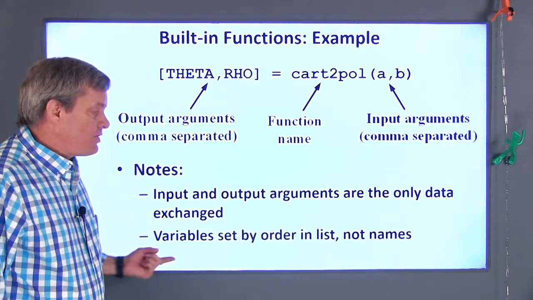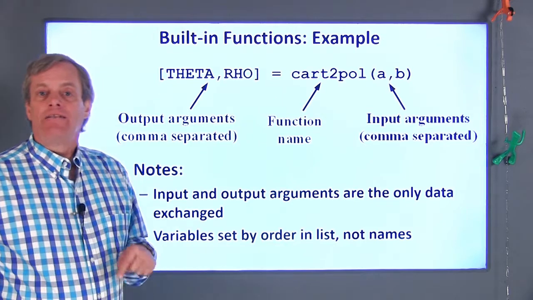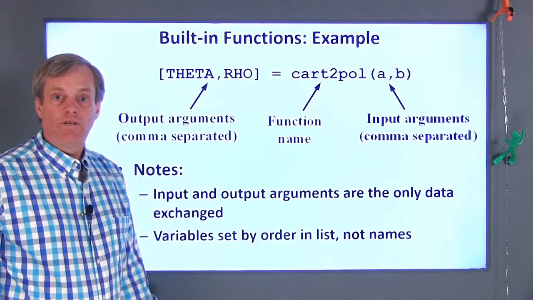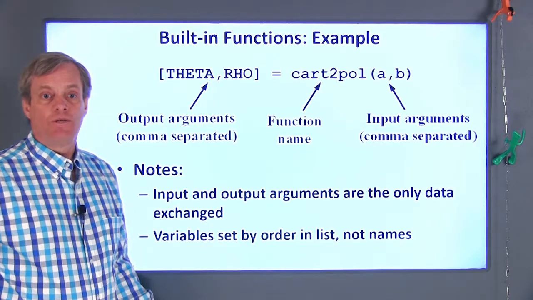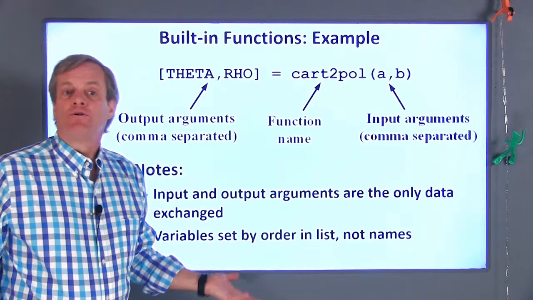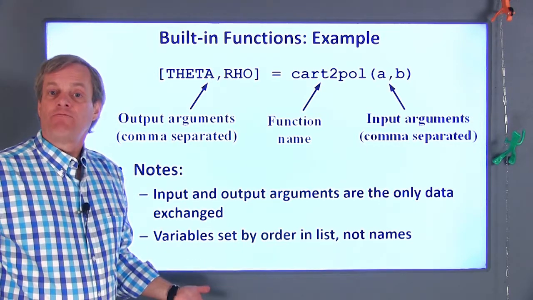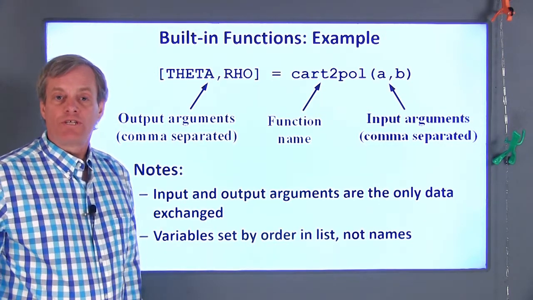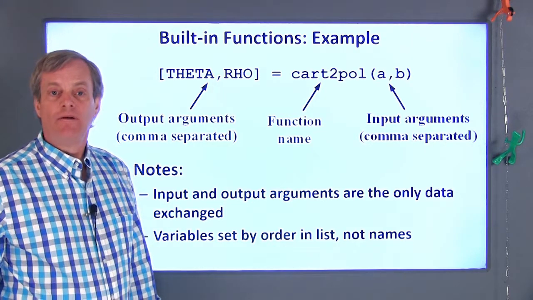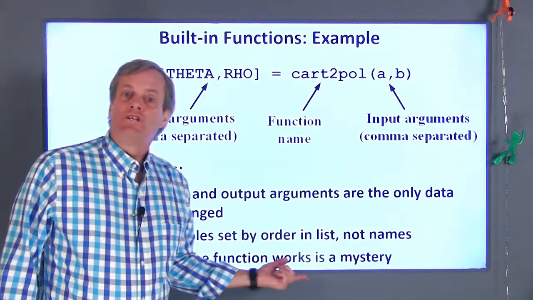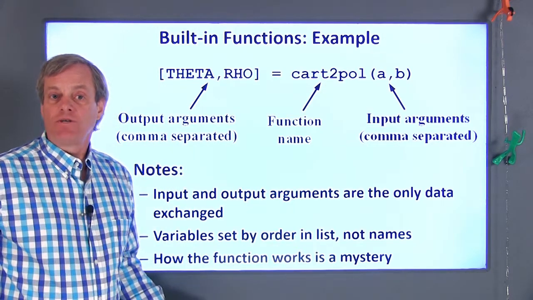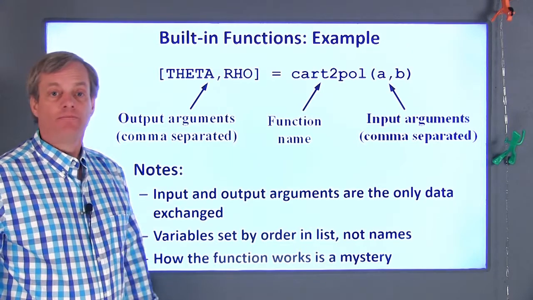The function doesn't rely on you to provide the arguments as specific variable names. Typically, the function will use different variable names than the ones you assign in the input and output argument lists. But you don't need to know what those are. The function assigns variables based on the order in which they appear in those lists, rather than the actual variable names. Finally, you generally don't need to know how the function works. You give it a list of numbers, and it gives you back a list of numbers.